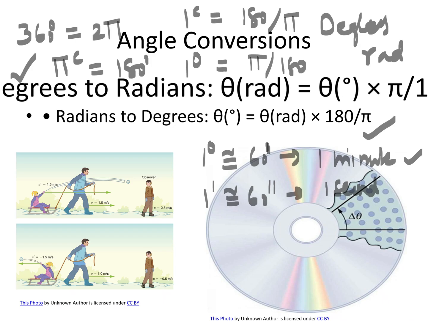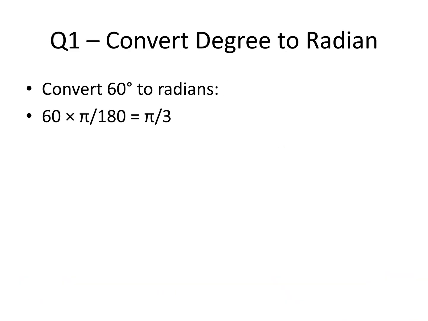So degrees to radians means multiply with pi by 180, and radians to degrees means you multiply with 180 by pi. Right. So here are some examples. Convert 60 degrees to radians. 1 degree will be equal to pi by 180.